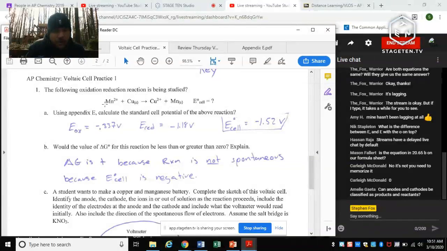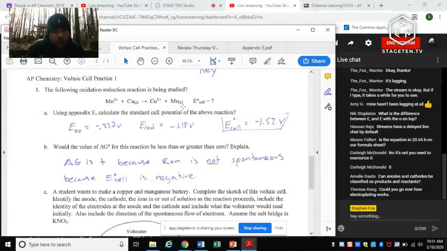Okay, so let's look at this practice problem. So we have this reaction, and yeah, I'll go over electroplating here in a second. It's kind of what's going on at the cathode of the battery, Thomas.